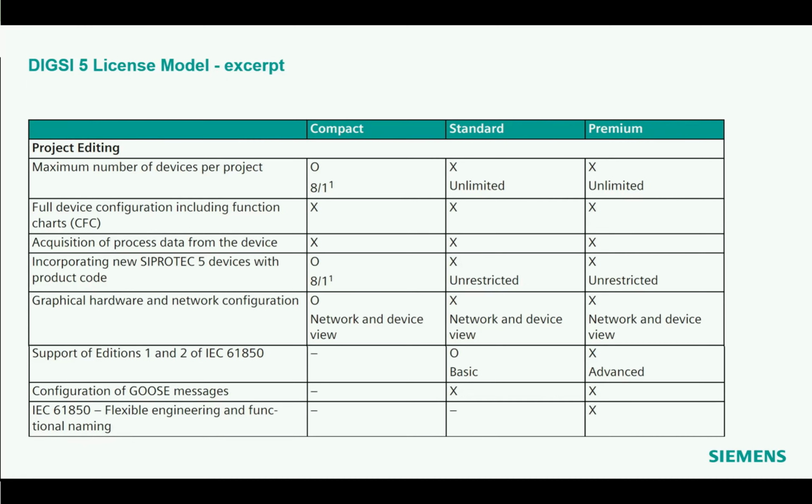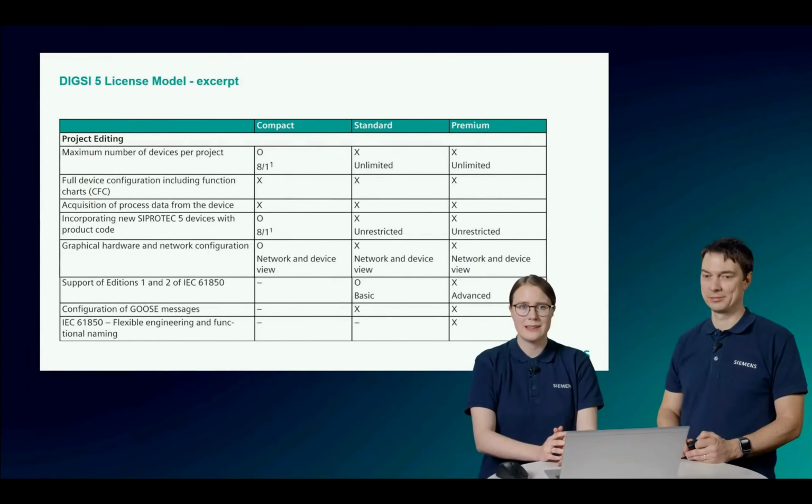Compact is a free of charge version that can be downloaded, but here it is limited to only one device of our modular devices and non-modular devices, 8 devices when you have compact devices. For the license models Standard and Premium, you have an unlimited number of devices.